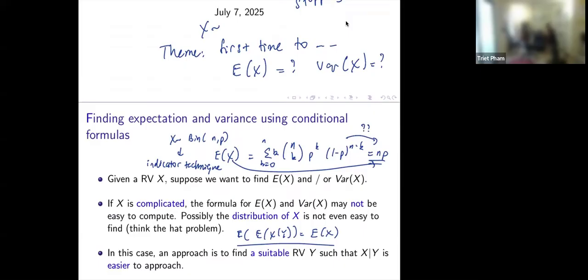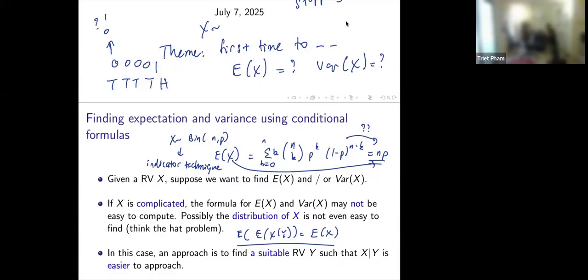For example, if you want the time to a first head, with a bunch of tails before that, or time to a first success with a bunch of failures before that, then the event that gives a clue to this final event of the first success is whether the first trial is either 1 or 0.